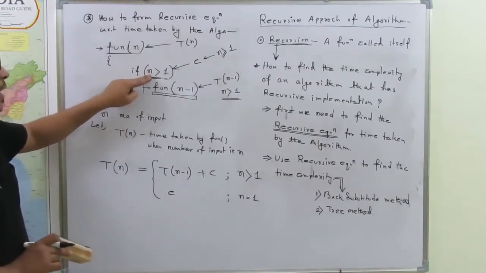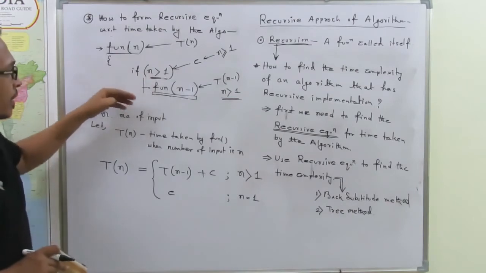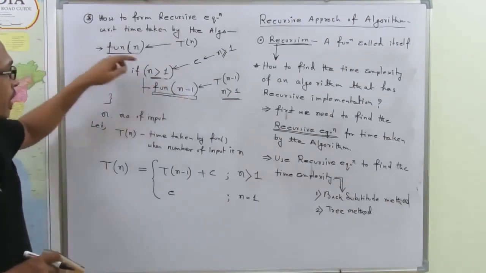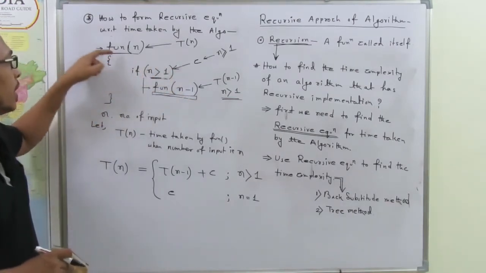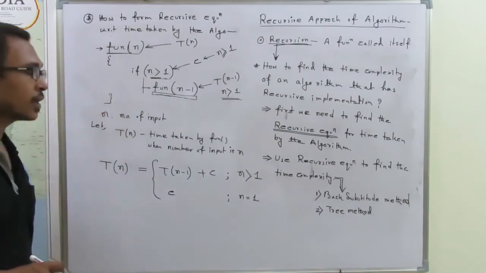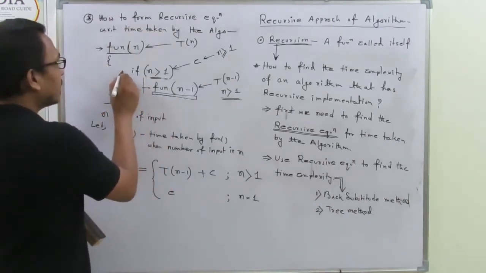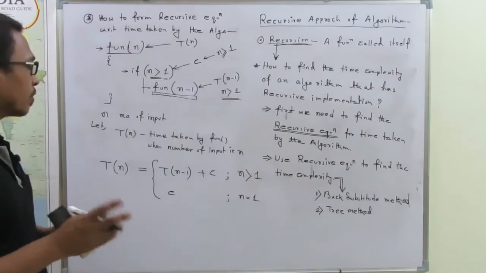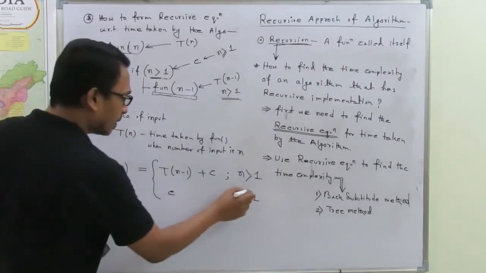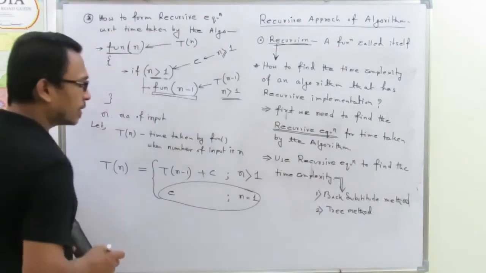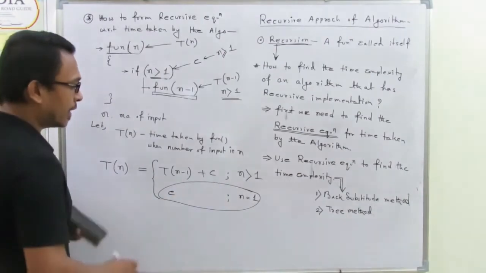If n is 1, this function will not execute, only this if part will execute and terminate the execution. Clear? To execute this part we need only constant time.